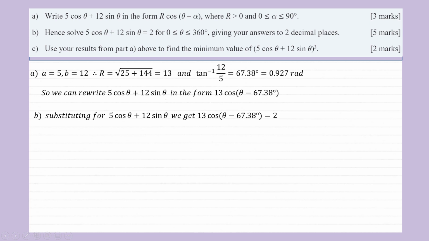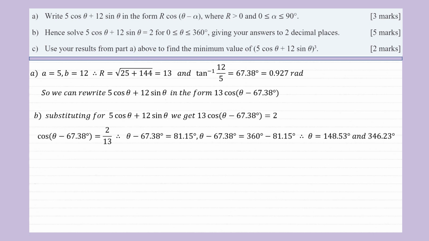So it's a simple solution now of just solving this equation, and when we do, we get cos of theta minus 67.38 is 2 over 13, and therefore theta minus 67.38 is the inverse cos of 2 over 13, which has values of 81.15, or it could be 360 minus 81.15.